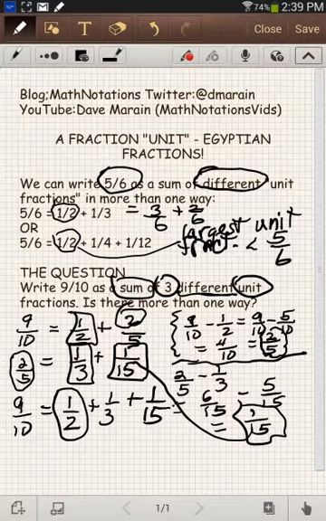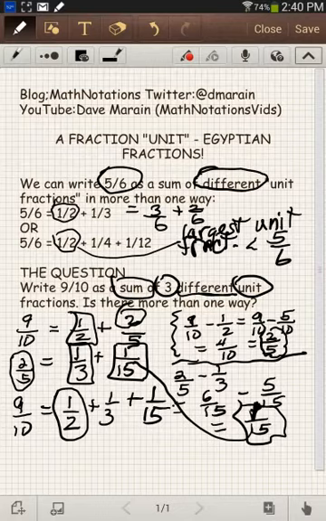We then went to the next unit fraction. We couldn't use 1/2 again for 2 reasons. First, 1/2 is bigger than 2/5. Secondly, we want to use different unit fractions. And then we subtracted to see what was left over. And in this case, what was left over after we got a common denominator was itself a unit fraction. So we were done.